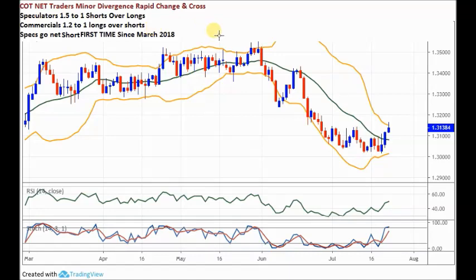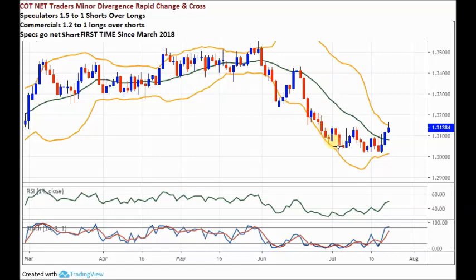But it's the way this divergence has come into play, and also the specs have gone net short a couple of weeks ago for the first time since March 2018. Now, if you look at the chart, up here at 135, commercials sold hard. They remained heavily short. They kept their big short position.